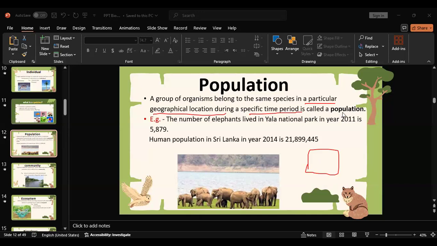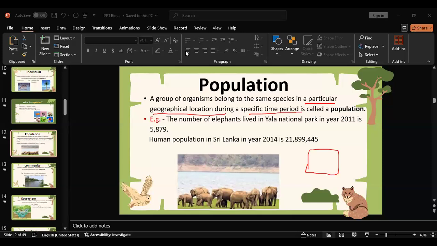That is called a population. So you may see a human population, elephant population, cat population, coconut tree population, whatever.